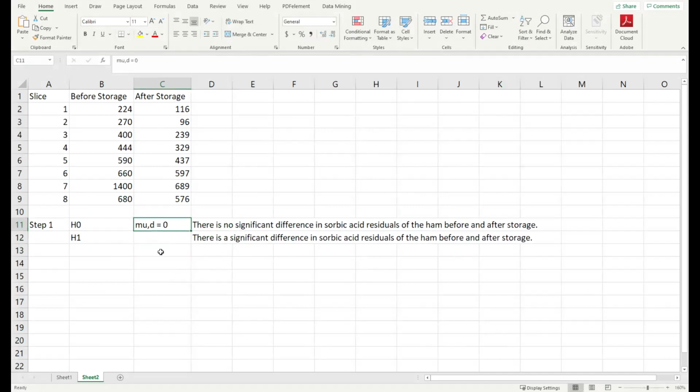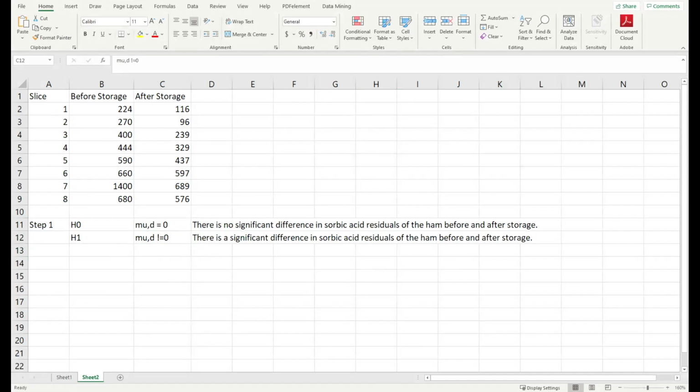So, pag no significant difference, yung mu d natin, that is yung true difference sa paired observation, is equal to 0, kasi we are saying na wala silang significant na difference. Or mu d is not equal to 0. Okay? So, in this case, kasi ang tanong lang.